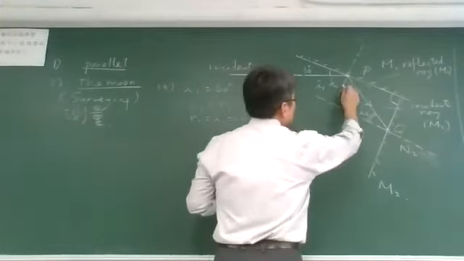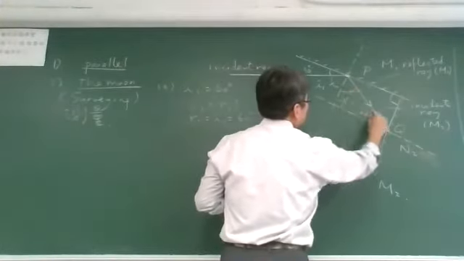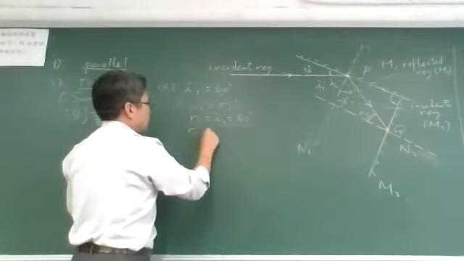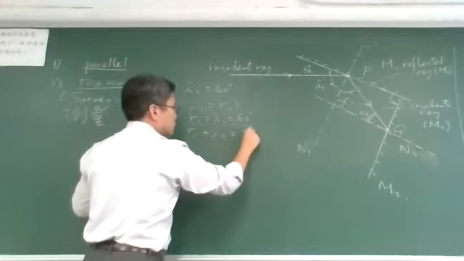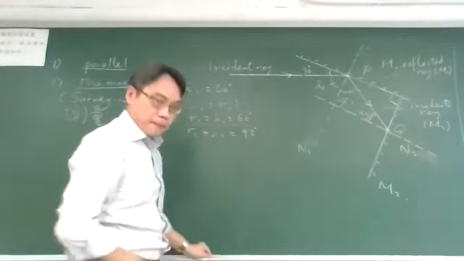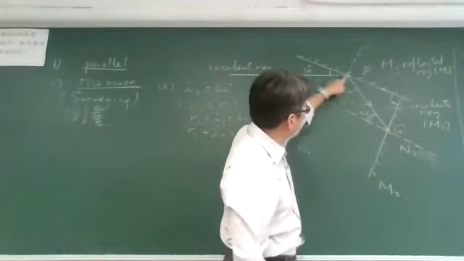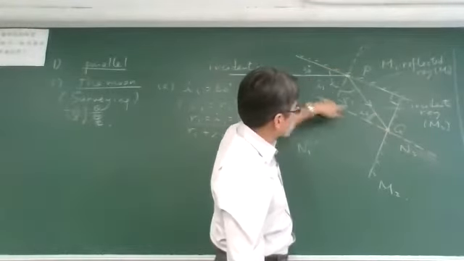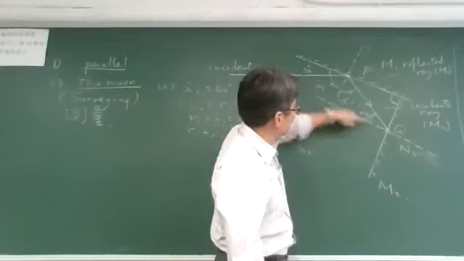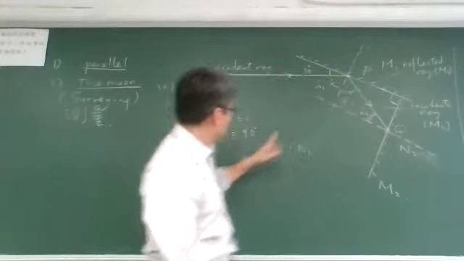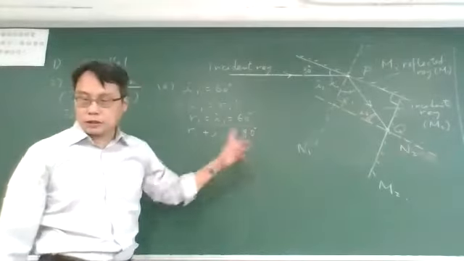And then in this right angle triangle, P, Q, this one, we know that R1 plus I2 is equal to 90 degrees, right?